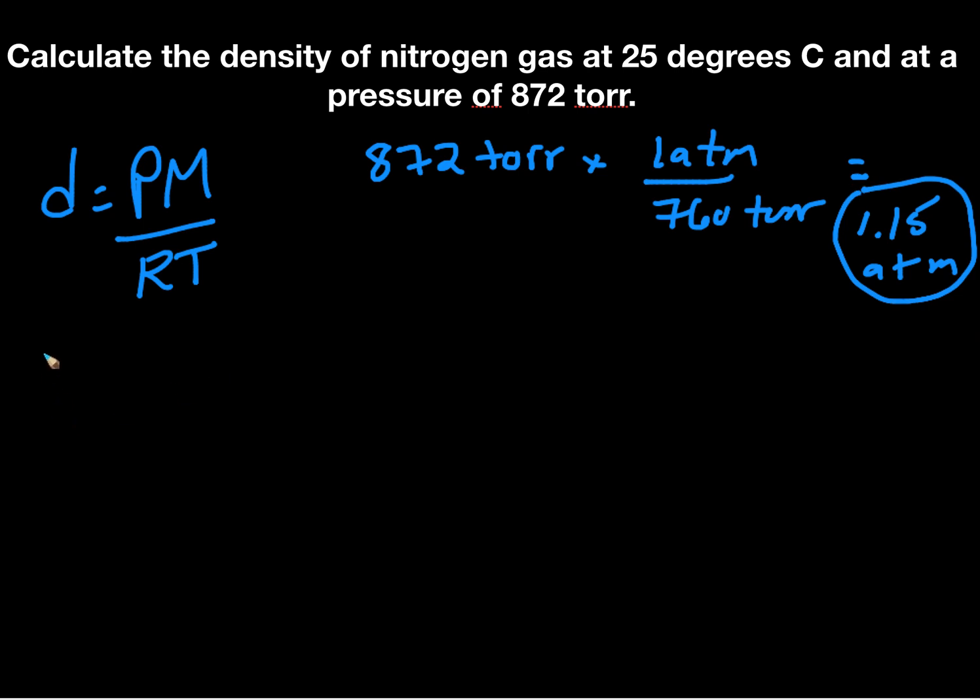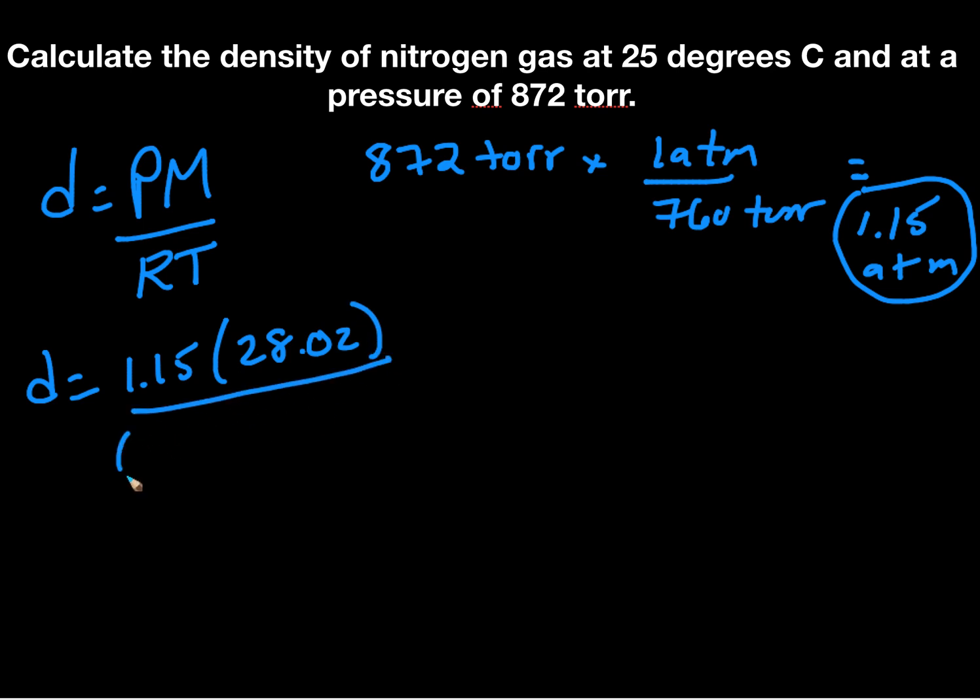So this will go here. So D equals 1.15 atm. Now, molar mass we solved in the previous problem, so 28.02 because we're still using nitrogen gas. Our R value, we will use 0.08206. And our temperature will be 25 degrees Celsius, but we have to change that to Kelvin, so plus 273.15. So it'll be 298.15.